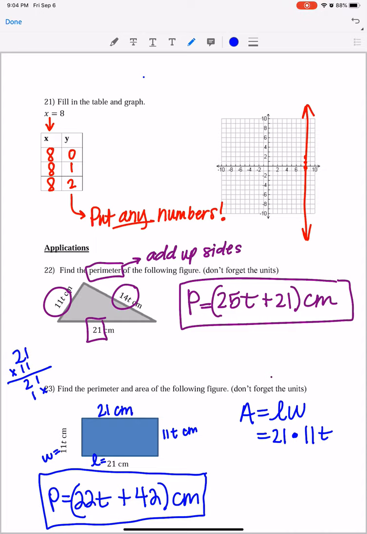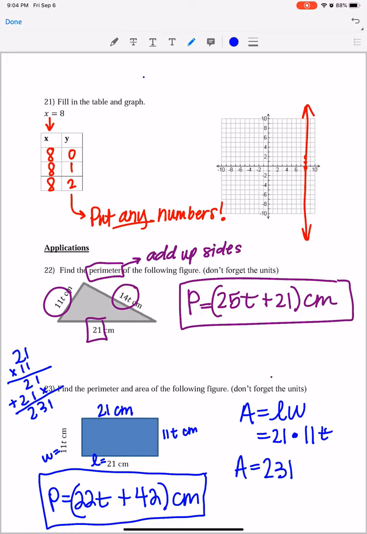And 1 times 2 is 2. Add these together. 1 and nothing gives me 1. 2 and 1 gives me 3. And then 2 and nothing gives me 2. So my area here is 231.